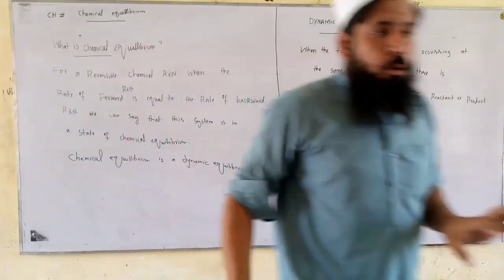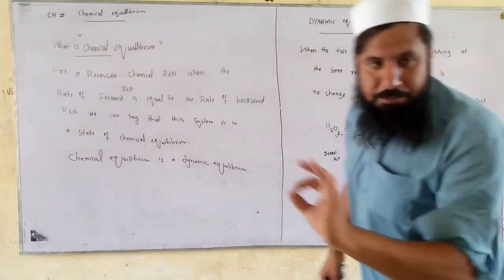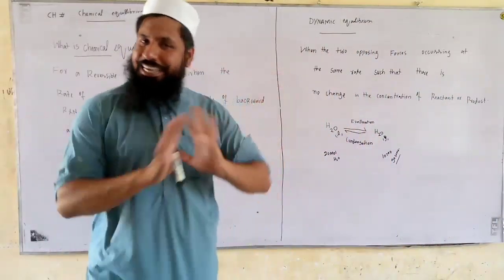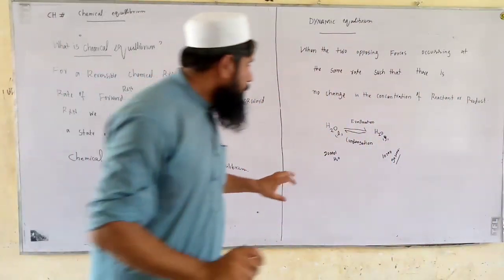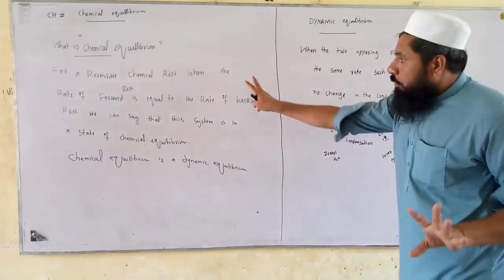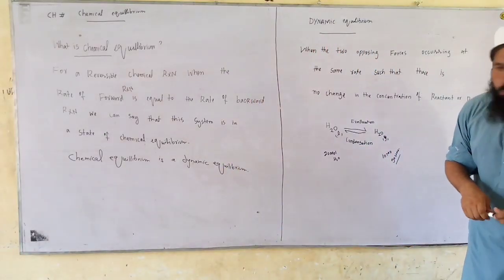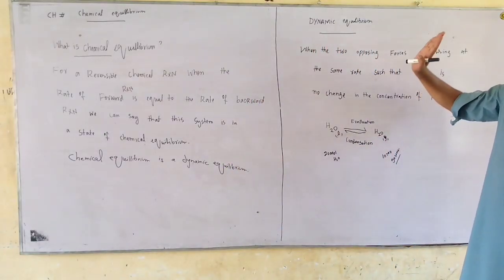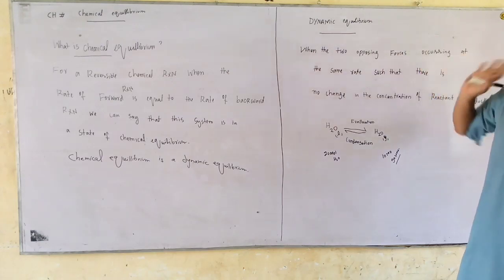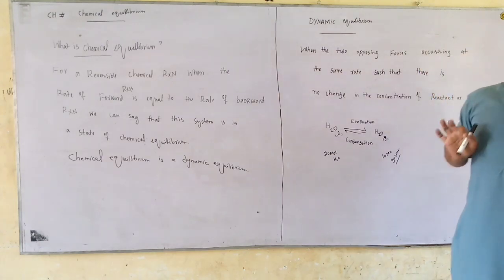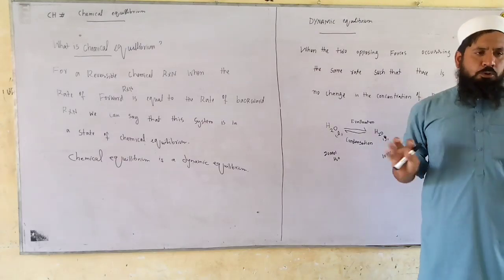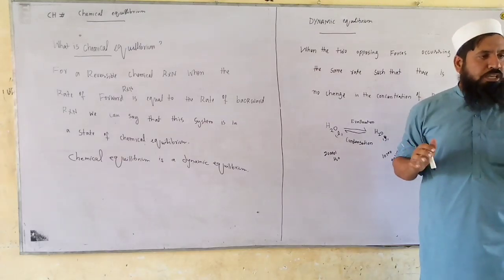So my last point, I'm just finishing my lecture. Okay, it's enough for today. What I told you, देखें, dynamic equilibrium बस forces के लिए, two opposing forces के लिए यूज होता है.